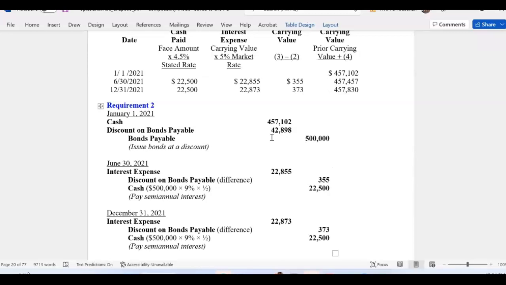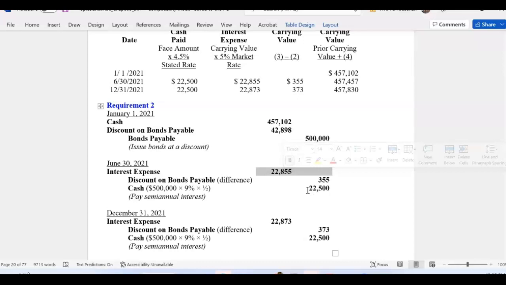And the company, based on GAAP, needs to amortize that interest expense. The company cannot say, oh, the $42,898 that I gave as a discount to my bond investors, it's interest expense. GAAP says no, that's not interest expense today. That interest expense you need to amortize for the next 20 years and recognize a little bit more interest expense every time.